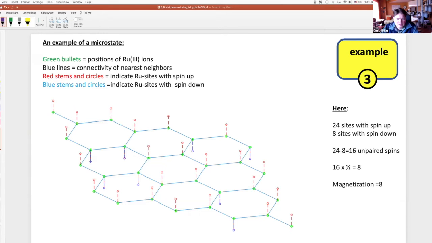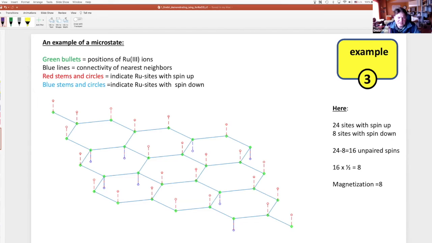The total number in this 4 by 4 unit cells, so in this simulation cell, total number of sites is 32, and here is just an example.